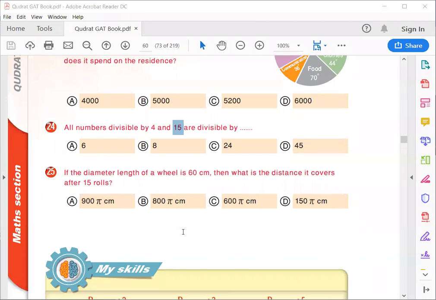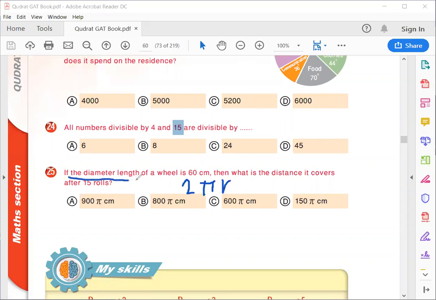Number 25. If the diameter length of a wheel is 60 centimeters, then what is the distance it covers after 15 rotations? How do I find the answer? The perimeter of the wheel, I have a rule, 2 pi times radius.